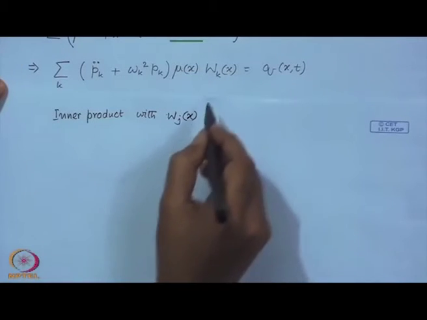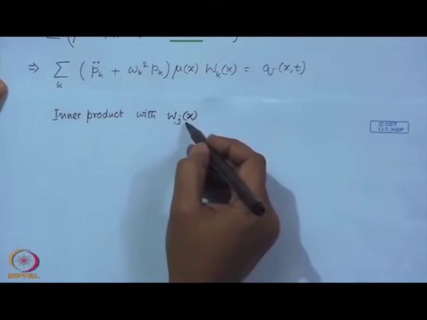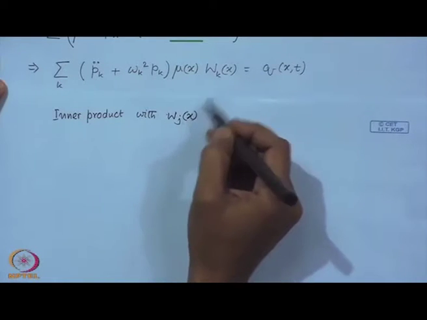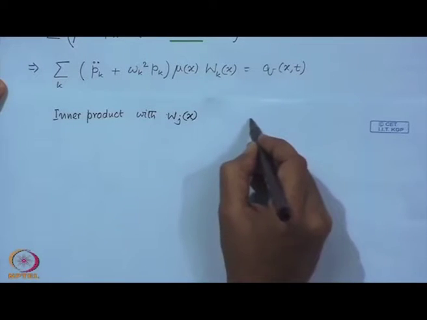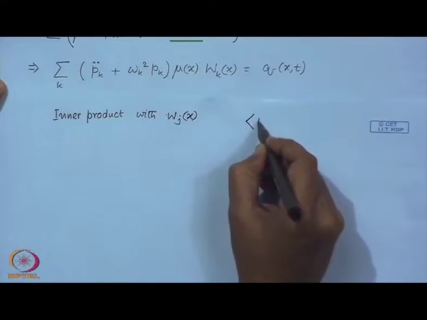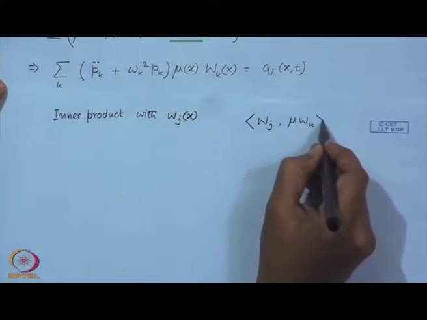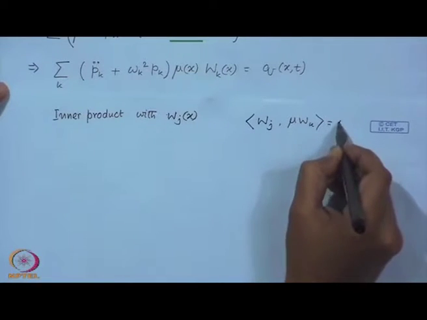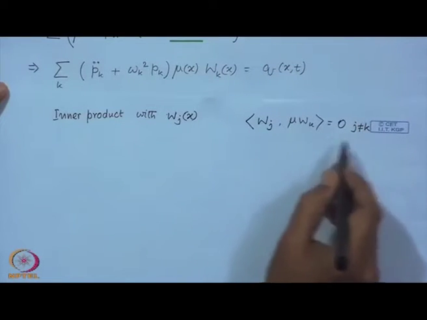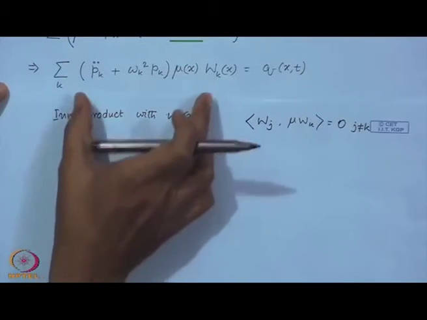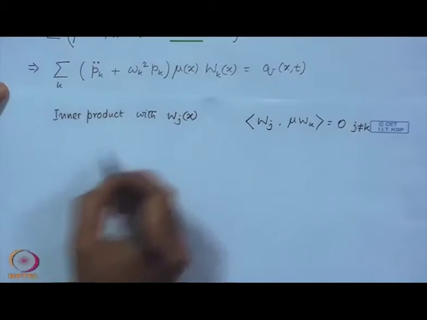Then, from the orthogonality of these eigenfunctions, we already know that if j is not equal to k, then this is 0. So, what this does is filter out the jth coefficient in the expansion.